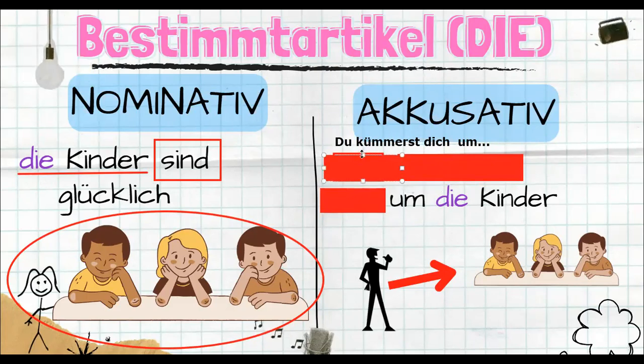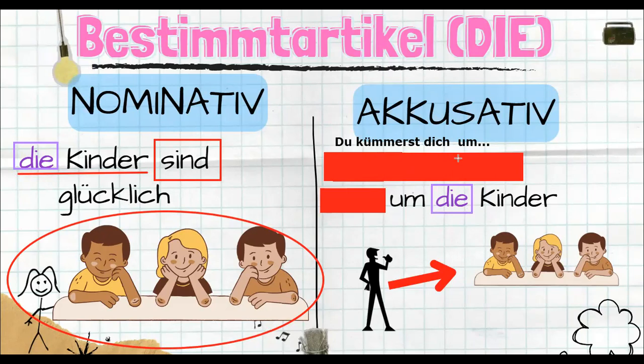It doesn't matter which subject we have. The thing is that you have to identify who's the subject in the story: you, du. And who's the object? The children, die Kinder. That is accusative, okay? And you see, plural stays the same: just copy, paste, die.